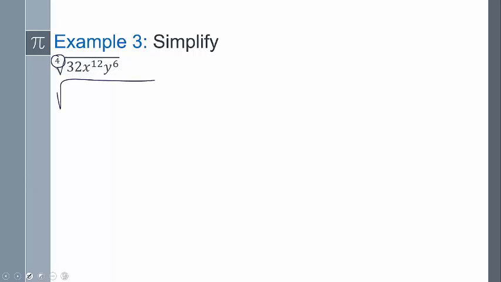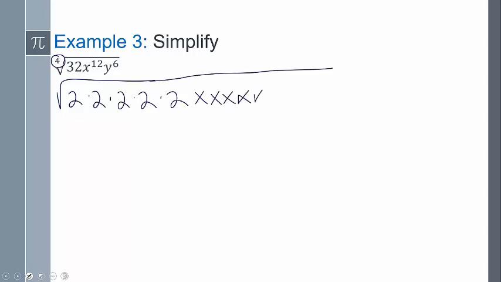So sometimes multiplying them all out or completely factoring everything is another way to help us out. So for example, 32 is 2 times 2, which is 4, 8, 16, 32. And then with x, I have 12 of them. 1, 2, 3, 4, 5, 6, 7, 8, 9, 10, 11, 12.